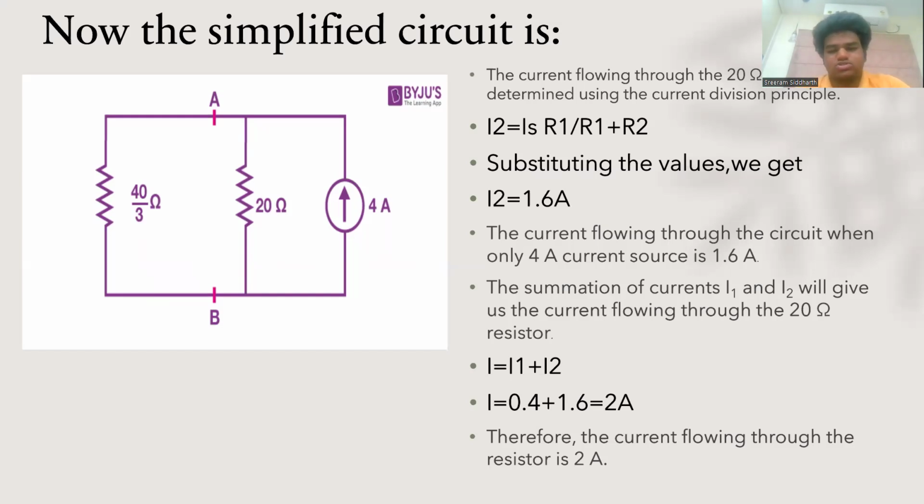By substituting those, we get the I2 current, which is 1.6 ampere. Now we have I1 as 0.4 ampere and I2 as 1.6 ampere. The summation of I1 and I2 gives the current through the 20 ohm resistor, which is 2 amperes. So from the superposition theorem, the current through the 20 ohm resistor is 2 amperes.